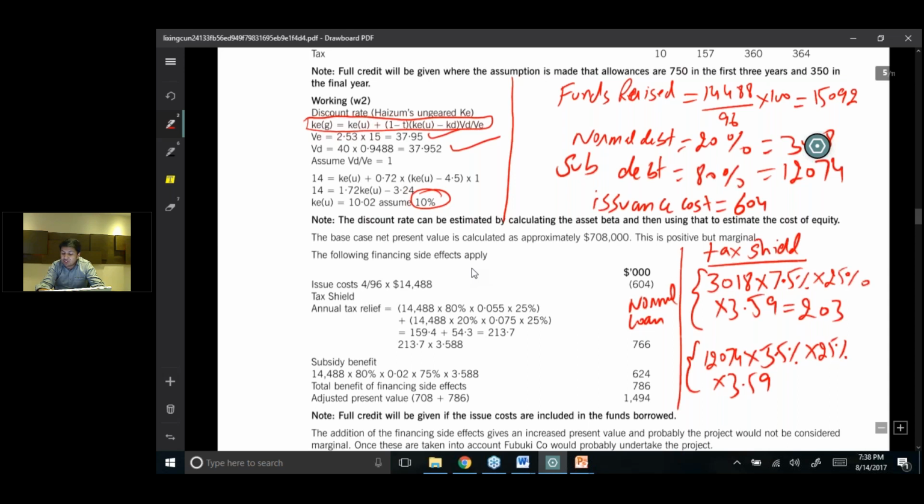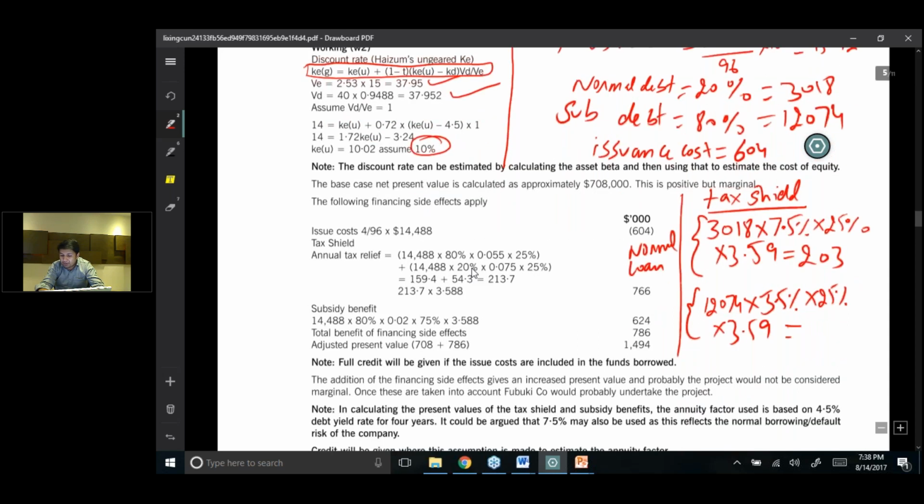Just for simplification, I am doing it in a single step: 12074 into 0.055 into 0.25 into 3.59. That is equal to 596. This is the tax shield of the normal loan, and this is the tax shield of the subsidized debt.